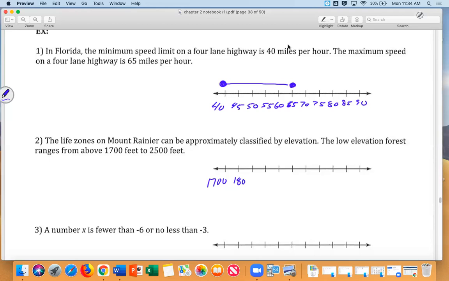Then we're going to go 1,800, 1,900, 2,000, 2,100, 2,200, 2,300, 2,400, 2,500. I'm not going to go much further because I just have to go from 1,700 to 2,500. So it's going to be a closed circle here and a closed circle here. I'm going to be shading in between.